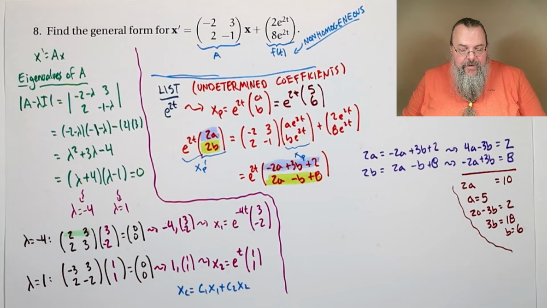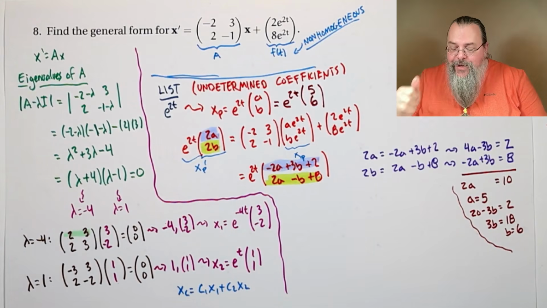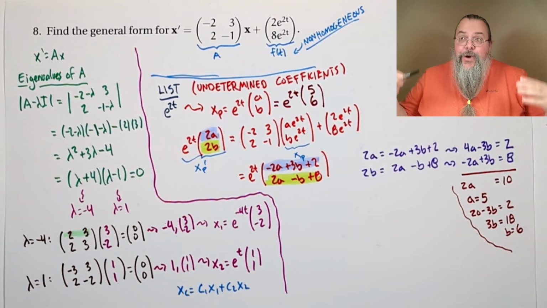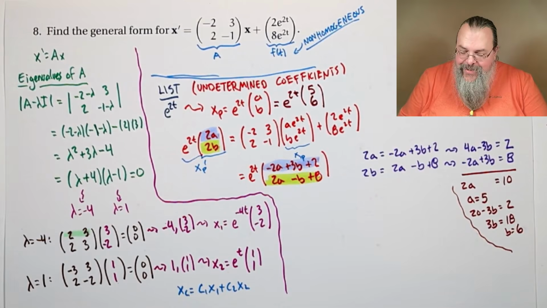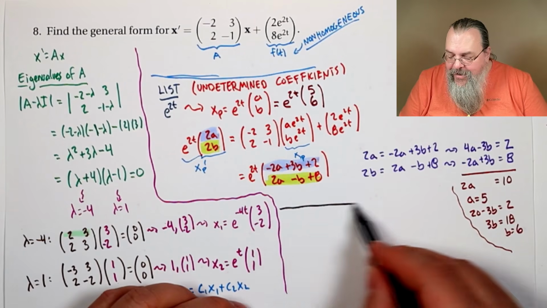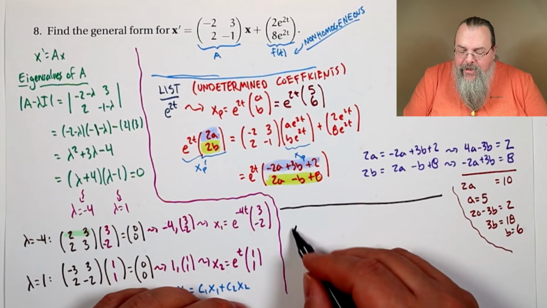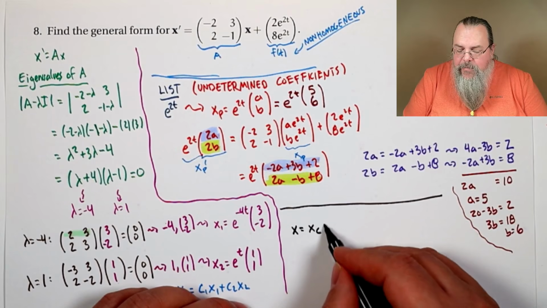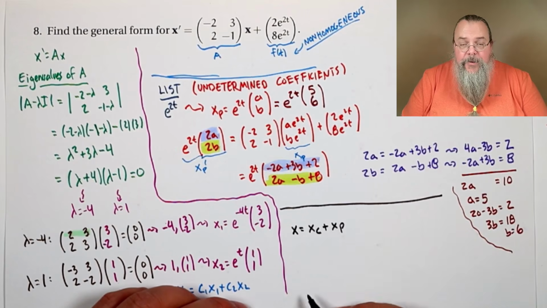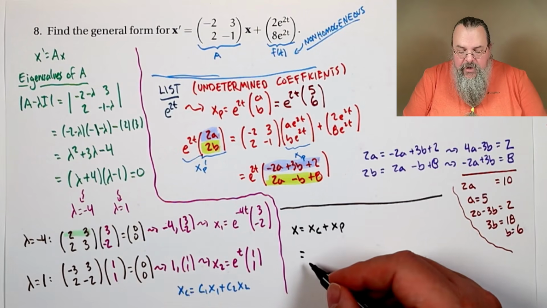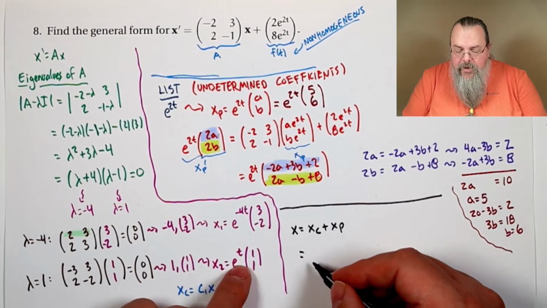We're at the end. One more thing for us to do, which is we need to write down our answer. Okay, all right. So our final thing is we combine our complementary with our particular. So our complementary comes from what we did over here.